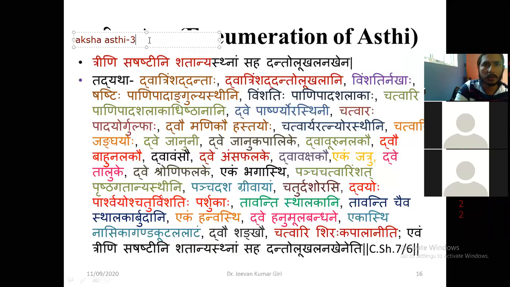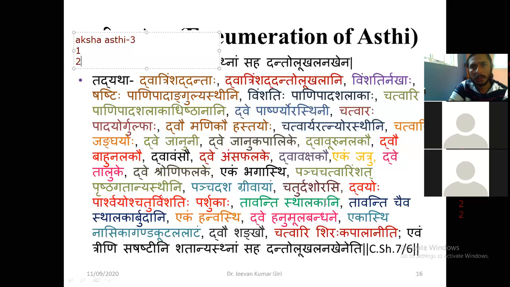Just write Jatru, give an arrow and write 1. Then Dvabe Taluke. Just write Talu and write 2. Now next Dvabe Sroni Falake. Just write Sroni Falaka and write 2.